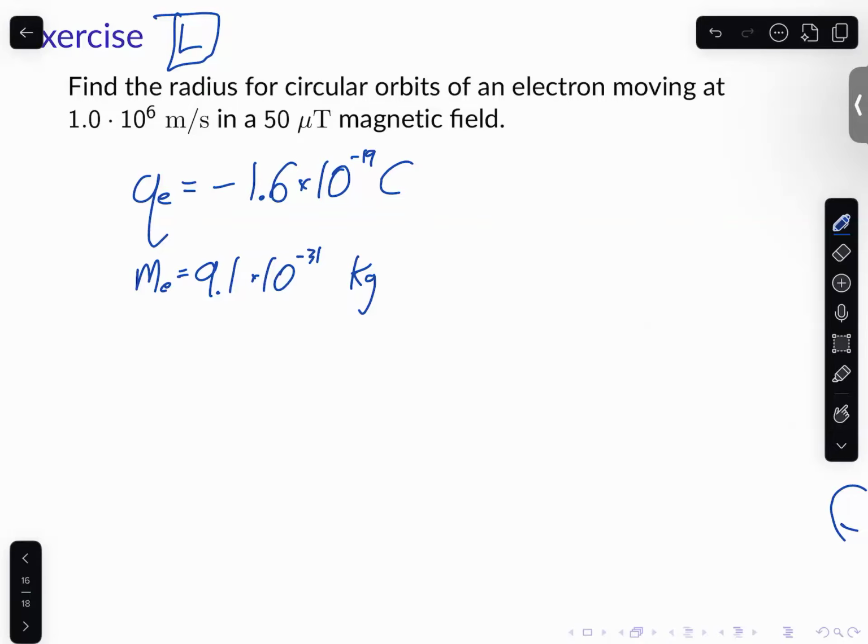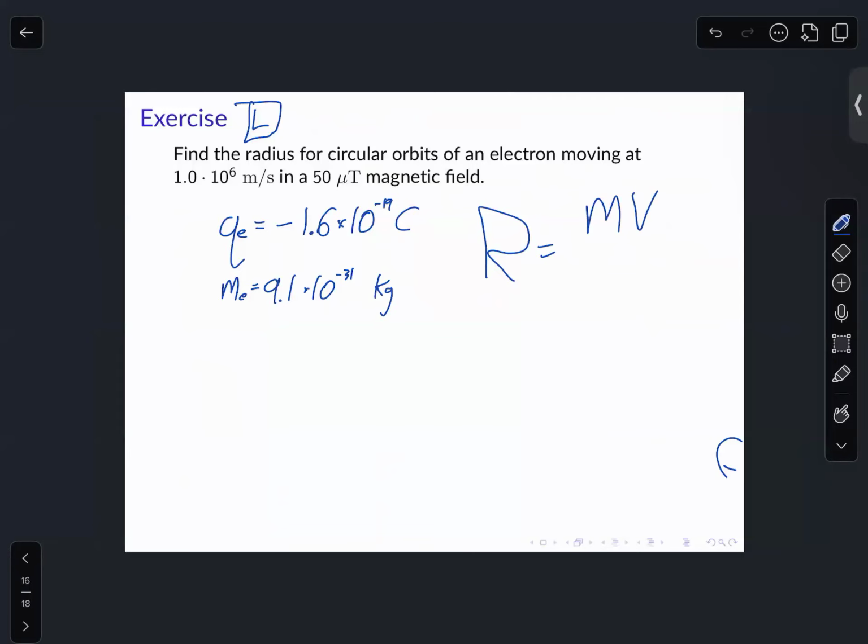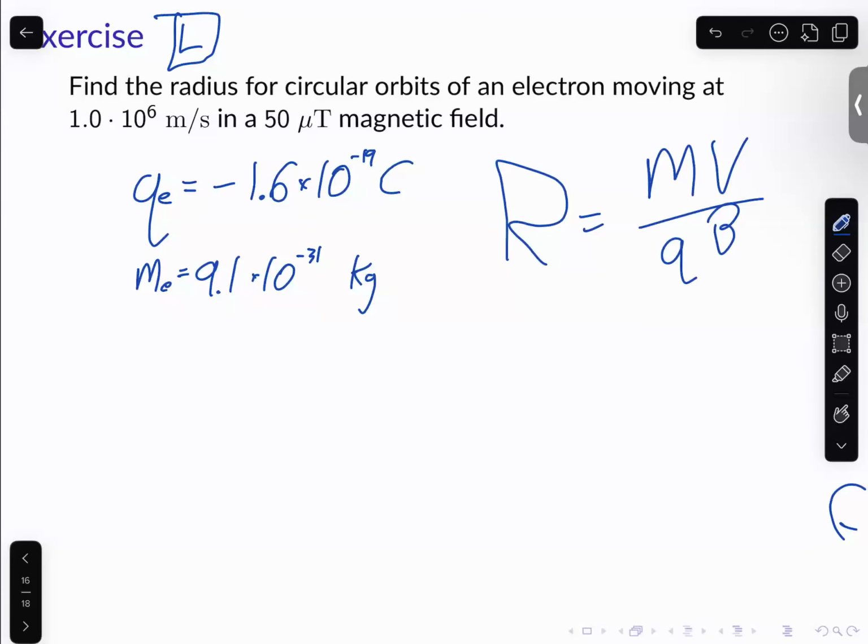I will remind you also of the formula that we just deduced. Check your powers.